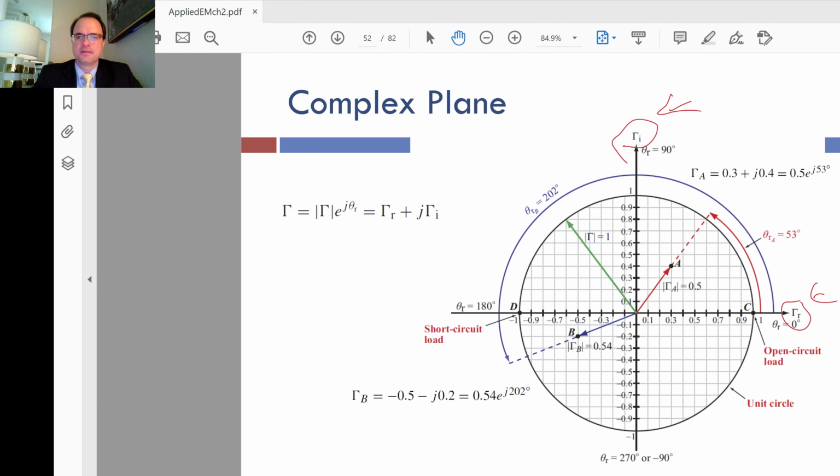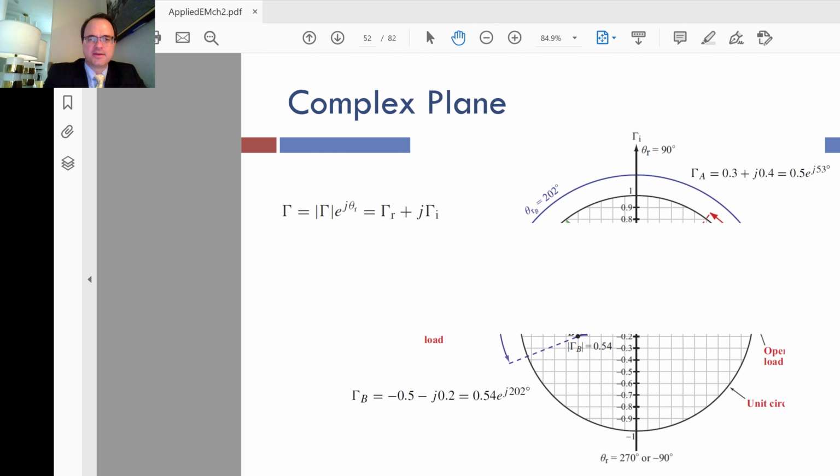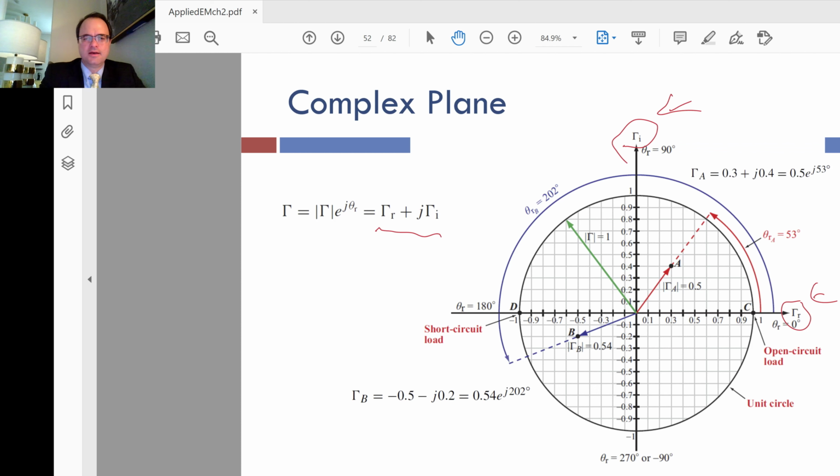That is the reflection coefficient of the load. It has both a magnitude and phase as well, so you can express it in terms of real and imaginary components here, or a magnitude and a phase.